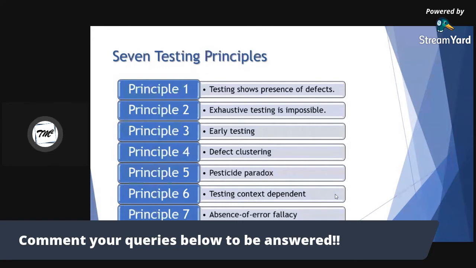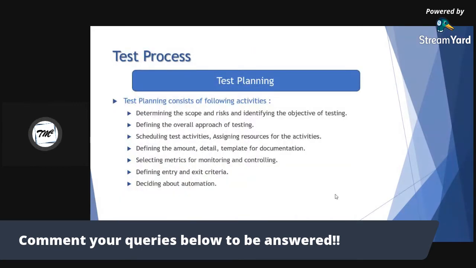Now, when you come to the test process, this is the most critical part of chapter one. When you talk about the process, we have a lot of standard phases. Test planning: generally, you perform all the planning activities, where a test manager is important and plays a vital role to determine the activities. All you need to take care of is supporting and assisting the test manager to determine the best plan for the entire process.